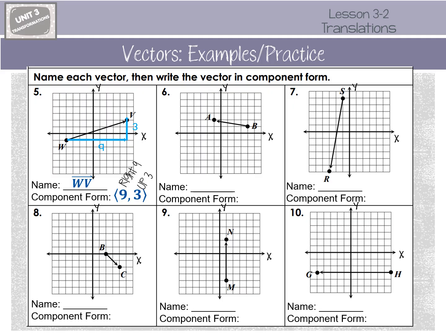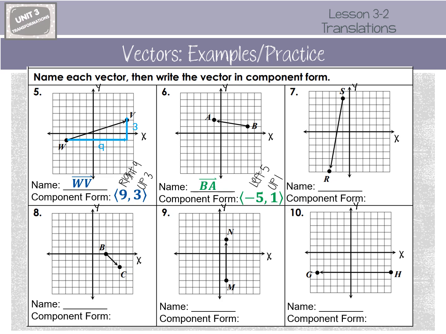Right 9, up 3. Number 6 is vector BA. Initial point B, terminal point A, because that's where the arrow's pointing to. So it has to be BA. And we are going left 5, up 1. So that is our component form.